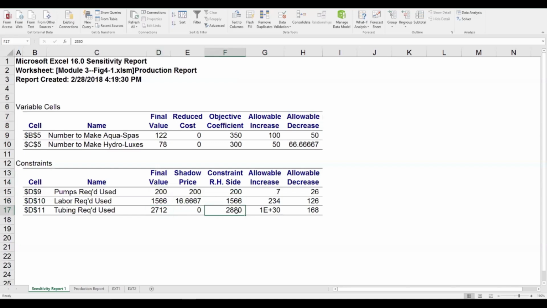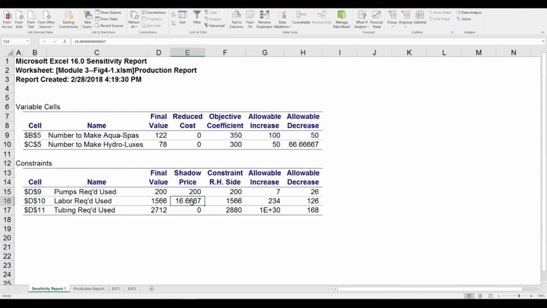So the tubing constraint is not binding. At the same time, you can see that the shadow price for the tubing constraint is equal to 0. For those first two constraints, which are binding, we have non-zero shadow prices. For the pump, we have 200, and for the labor, we have 16.66.